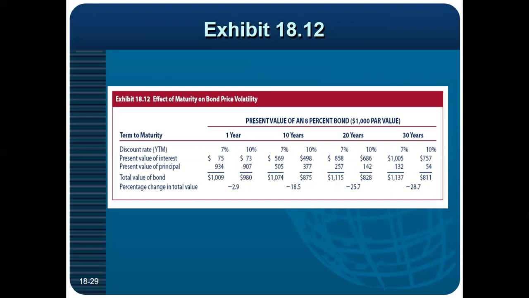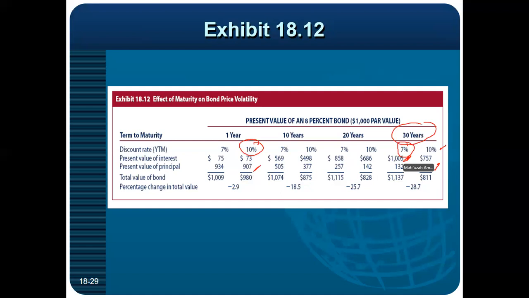If you can see here, for 10%, for 30 years, the YTM 10%, the present value is 54. Okay, but compared to 1 year, 10%, the present value is 907. Okay, but for 7%, it is higher.